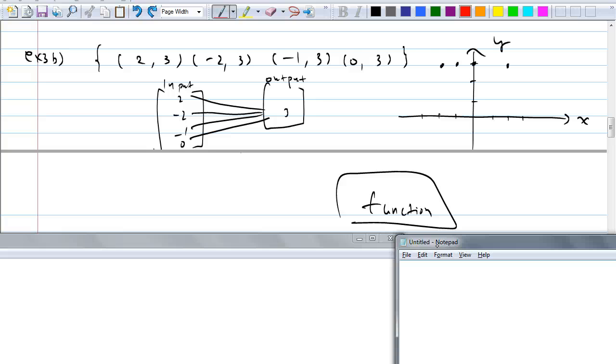Just once. If it's not a function, then it's going to hit more than once. Does that make sense? Here, for these points, if you were to draw any vertical line, how many times would it hit? Once.